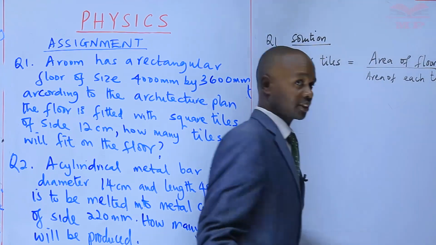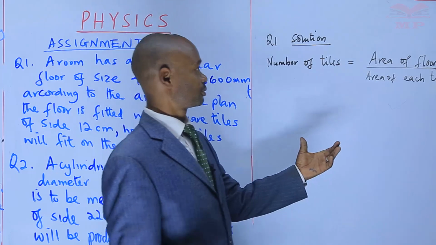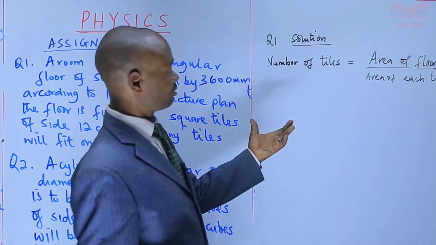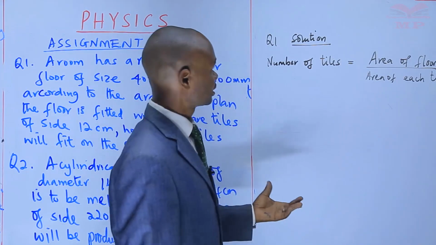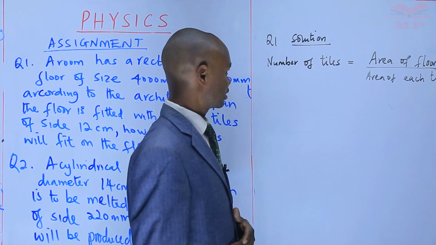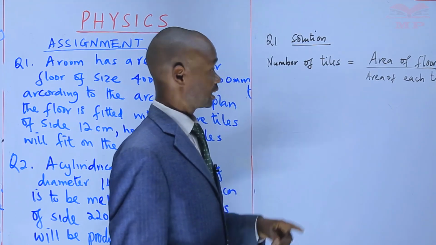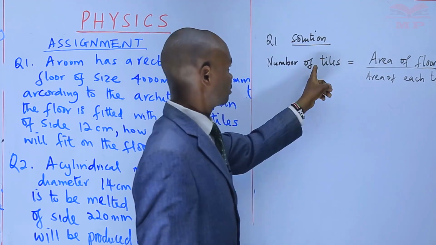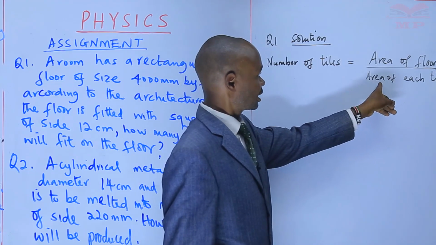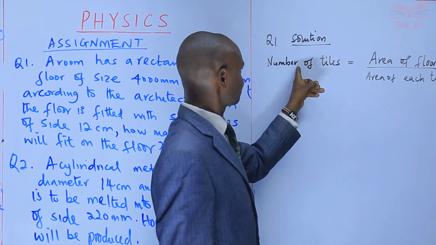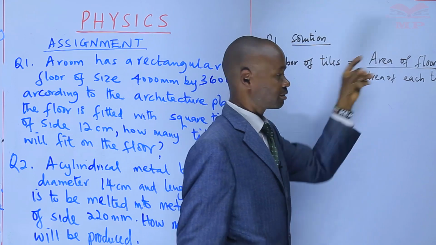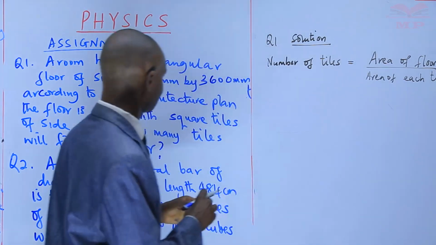For a very simple reasoning, the total area of the tiles will give the area of the floor. Even if you cross multiply, area of tiles times number of tiles will give that area.